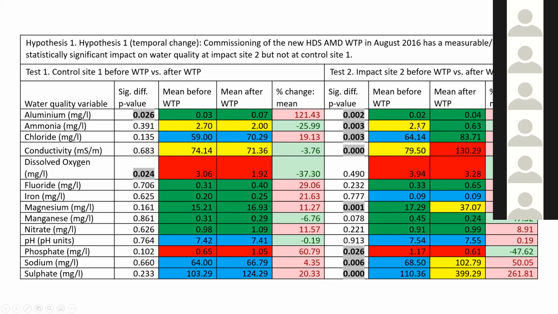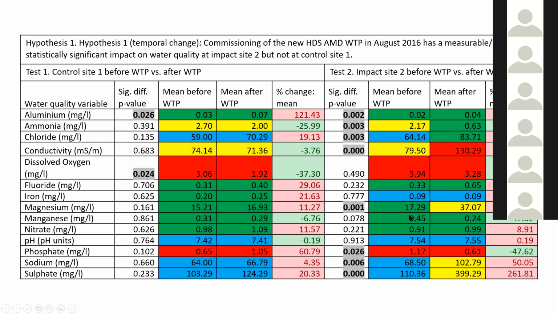The nutrient ammonia decreased. Chloride increased. The main one that I want to highlight today is conductivity. Conductivity went from tolerable to unacceptable. So from 79 microsiemens per meter, for the period after, on average, it was 130.